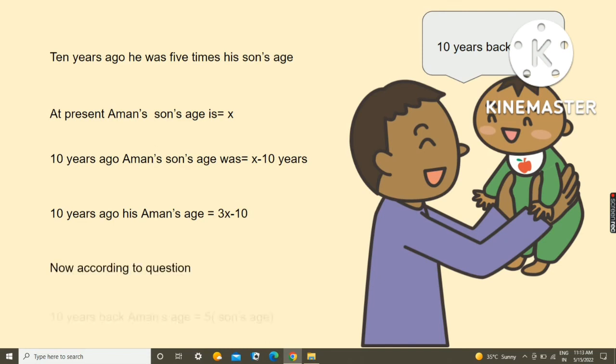Now according to the question, 10 years back Aman's age is equal to 5 times his son's age. Now here we can substitute the values. Here we would substitute the value of Aman's age 10 years back, that is 3x minus 10, and 5 times his son's age 10 years back, his son's age is x minus 10 years.